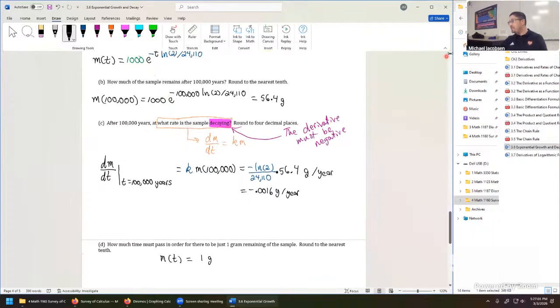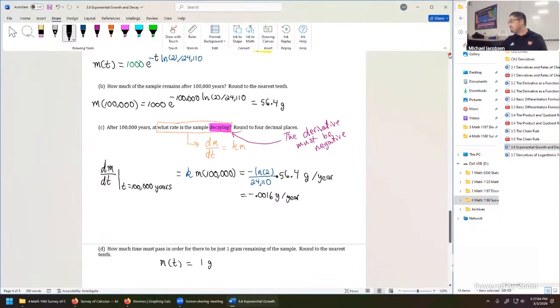So on the left, I'll put in 1,000 e to the power of negative t natural log 2 divided by 24,110 set equal to that 1 gram. I'll drop the unit here until we get to the solution in time for t. But just like before, all we are doing is substituting, in place of the function notation mass at time t, the expression for that mass.